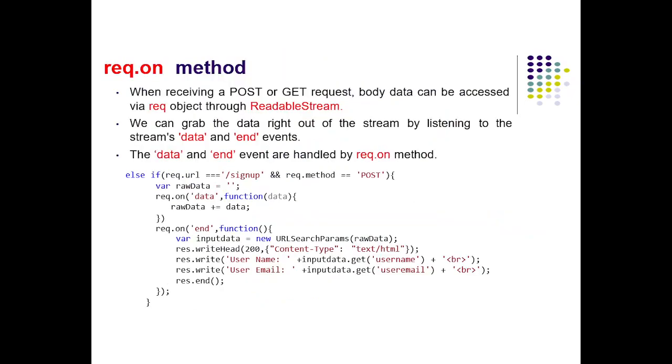Now the request.on method: when receiving a POST or GET request, the body data can be accessed via the request object through the readable stream. Here we can grab the data right out of the stream, listening to the stream's data and end events. The data and end events are handled by the request.on method. As you can see, with the keyword request.on, the particular username and user mail ID are handled, as given in the example here.